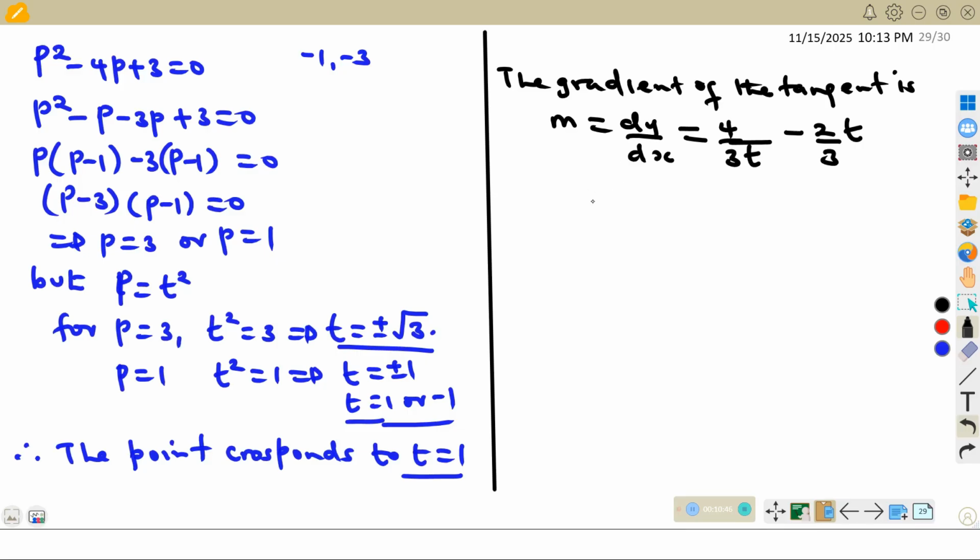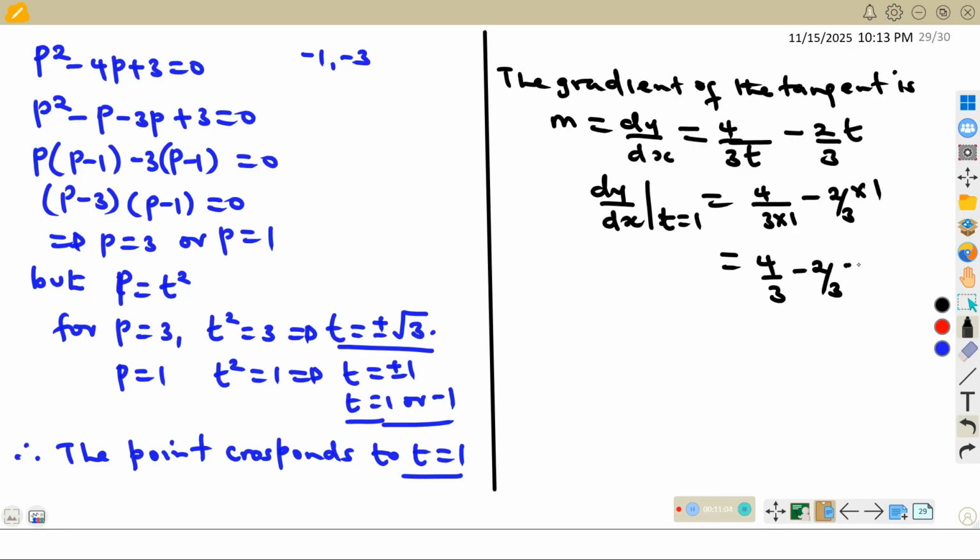So let us look at dy dx at the point when t is equal to 1. So this will be 4 over 3 times 1 minus 2 over 3 times 1. So this is 4 over 3 minus 2 over 3, and this will give us 2 over 3.